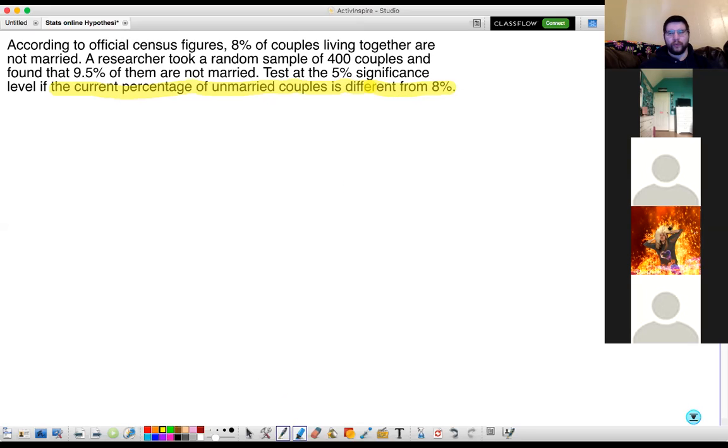Well, different would be what symbol? Somebody tell me. Not equal to? Correct. And not equal to would be in the null or the alternative? Where does null go?